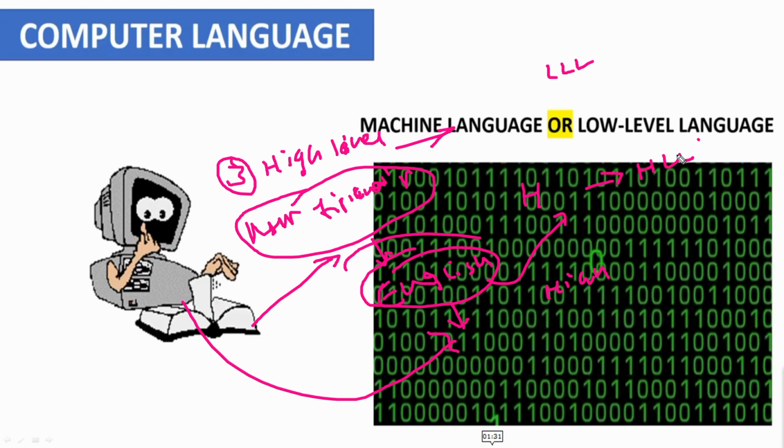Whereas where only the computers can understand and users cannot, this is LLL, low level language, and where both machines and users can understand, that is HLL.